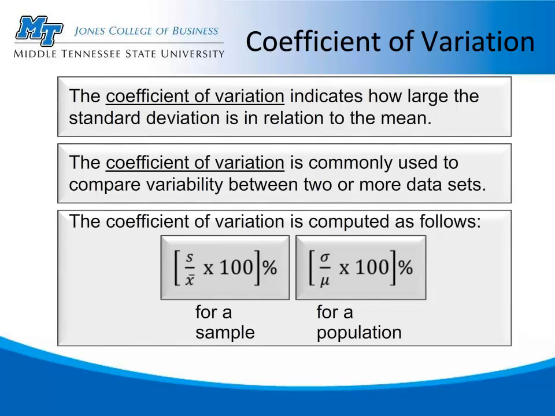So if you have a data set where the coefficient of variation is, say, 20, and another data set where it is 15, the one that's 20 is more variable. It's just a way to take into consideration the fact that you might have different units, and this is a unitless measure. So you can compare literally apples and oranges with this thing.